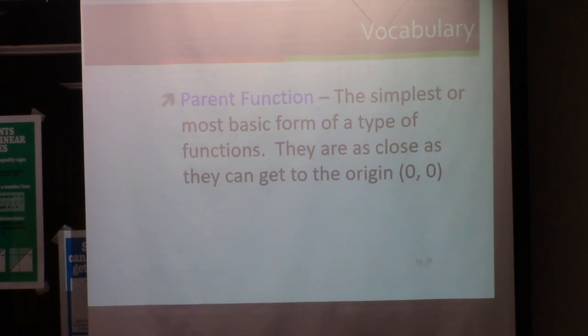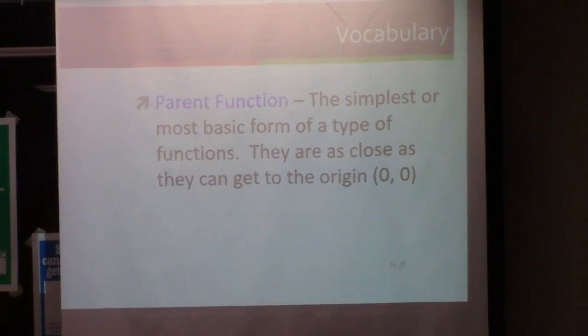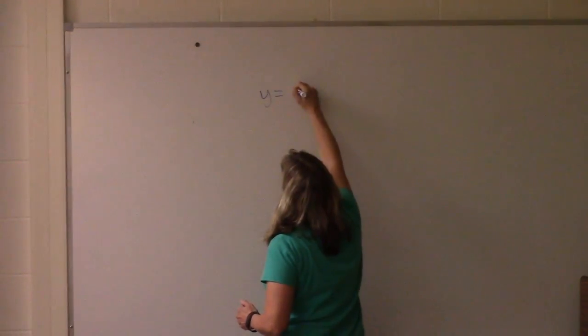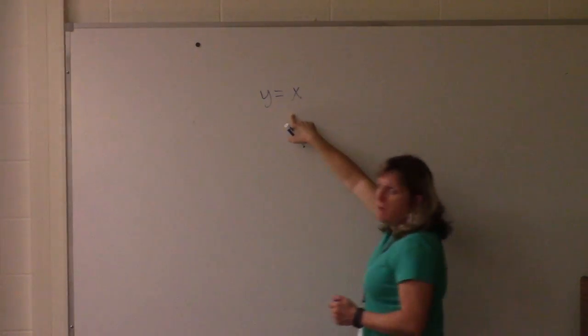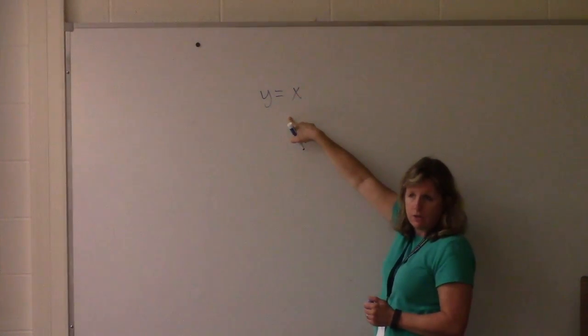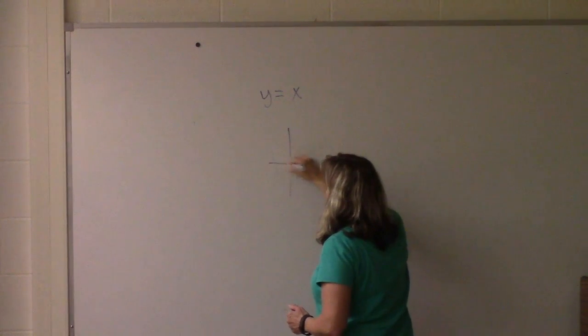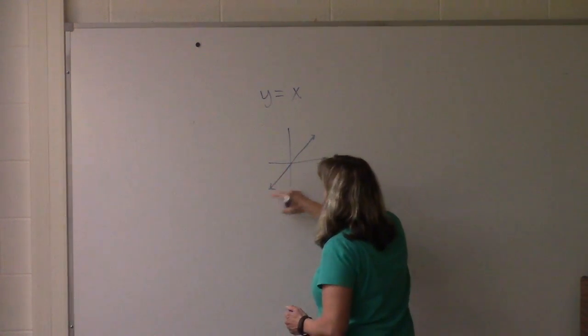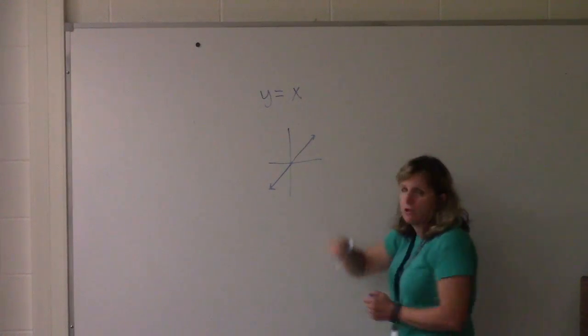The parent function for what you just graphed is the parent function for absolute value functions. If I were to do the parent function here, y equals x, that is the most basic linear function. The graph of that goes through the origin. So that's the parent function for linear.